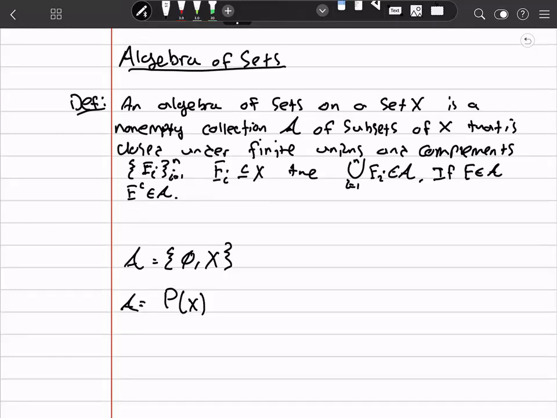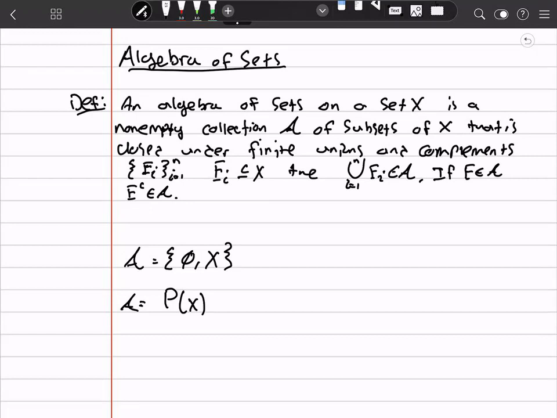And the complement of any subset of X is again a subset of X, so it also lives in the power set. These are simple examples of algebras of sets. In parallel to when we talk about topologies on sets, these two are the largest and smallest topologies that we can make on a set.